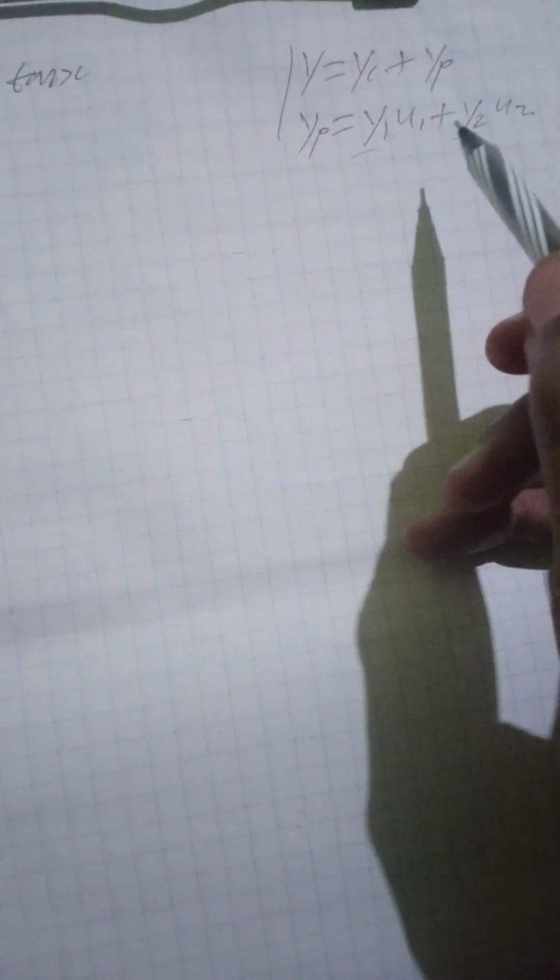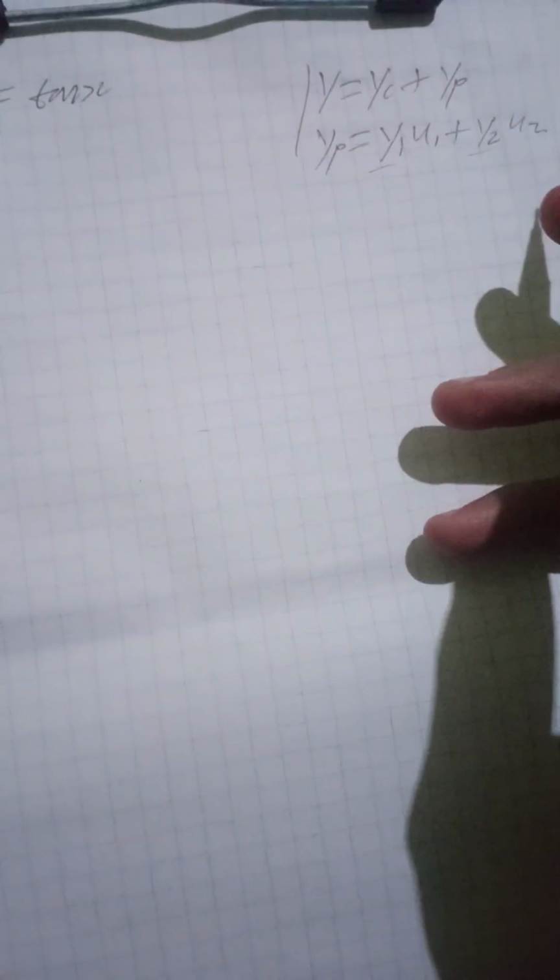And y1 and y2 are, I guess, the parameters that we're varying. I guess that's where the name comes from. Not really, I don't really know what I'm talking about. Anyway, let's move on.